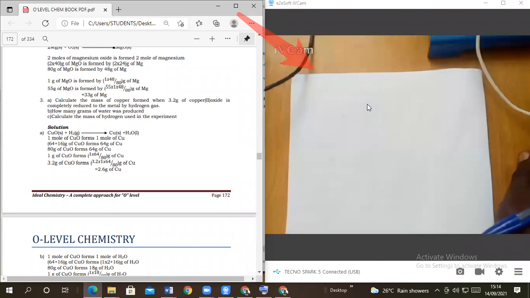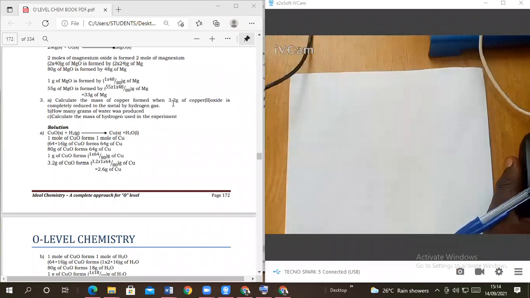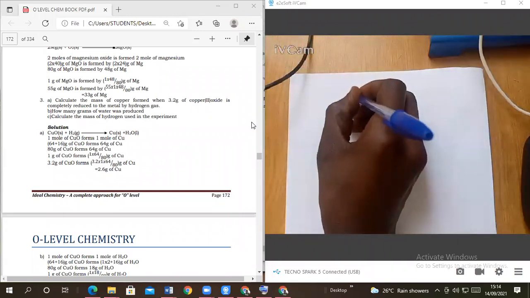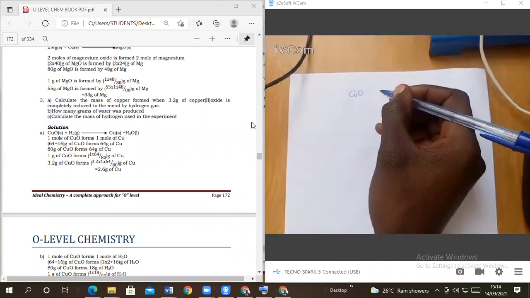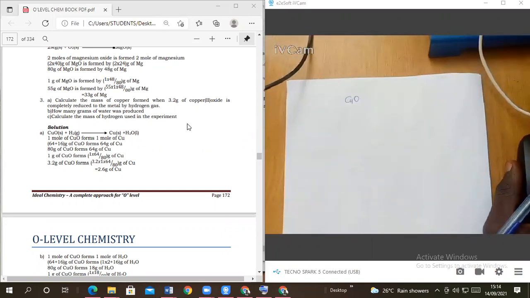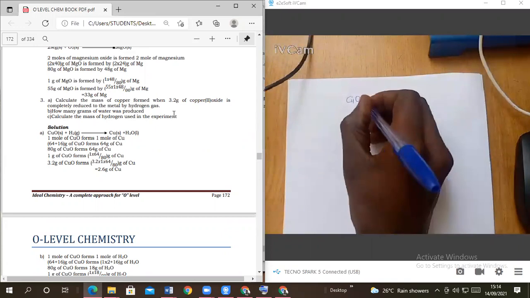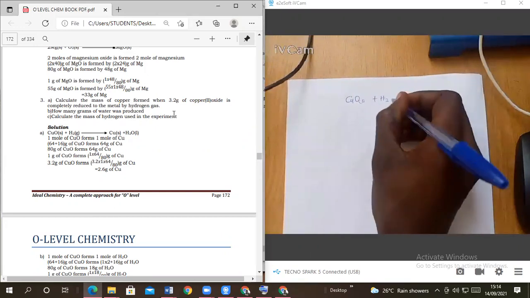Copper-2 oxide and hydrogen gas. They want the mass of copper.